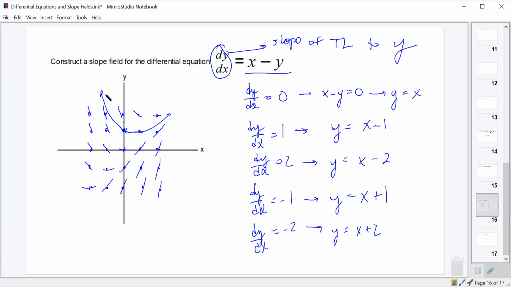And something that we'll want to note is along this line, y equals x minus 1, all the lines have a slope of 1. So the slopes are 1, and the slope of the line that they lie across is also 1, which means this is going to give us an oblique asymptote here, or a slant asymptote if you prefer.